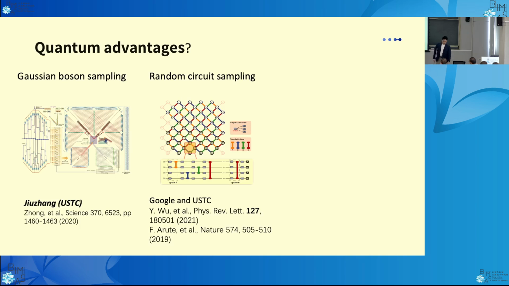So where are we right now? We all heard that we're past the quantum advantage stage, which was first realized by Google using this so-called random circuit sampling task.